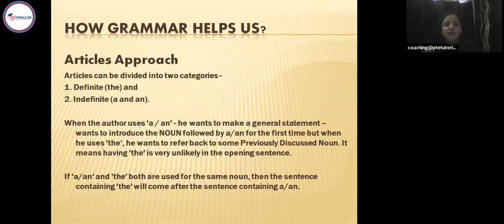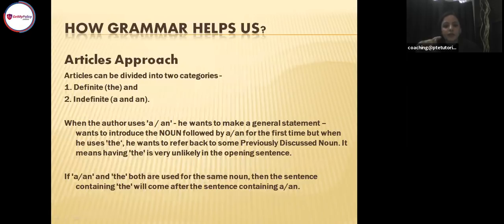I have written that a and an mean, in a general statement, the author wants to introduce something. And definitely when something is going to be introduced, it means what? That will be my opening sentence.